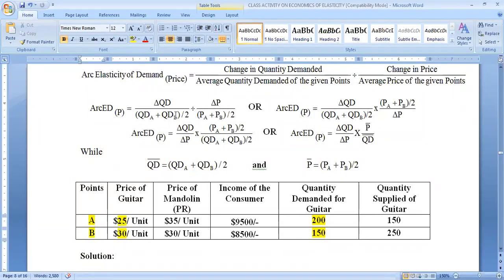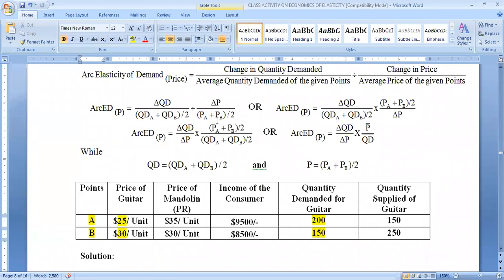Similarly, this formula can be written as the sign of division will be converted into sign of multiplication. Then the fraction given on the right hand side of this formula after division, the denominator of the price fraction can be converted into numerator, and the numerator of this price fraction can be converted into denominator.